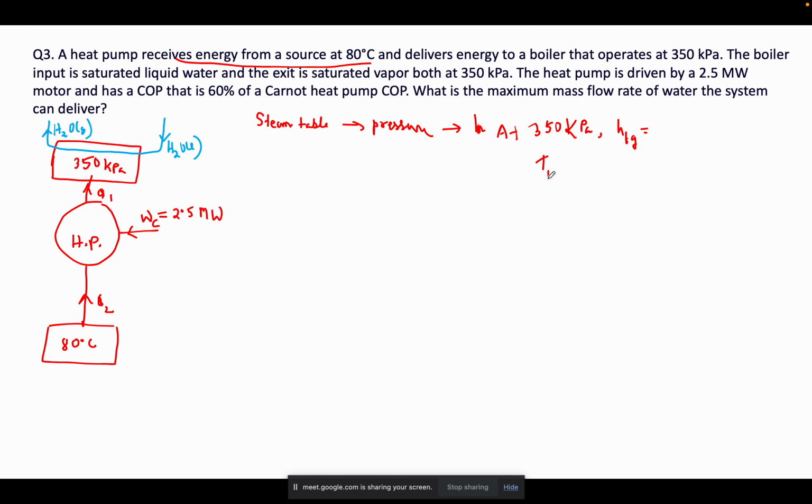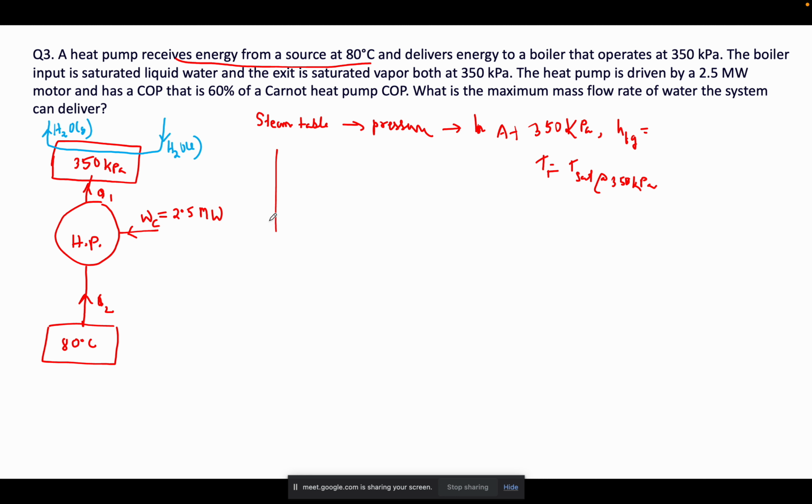T1 will be nothing but T saturation at 350 kilopascal. Yes or no? Because phase change takes place at constant temperature and pressure, and 350 kilopascal gives the saturation temperature.